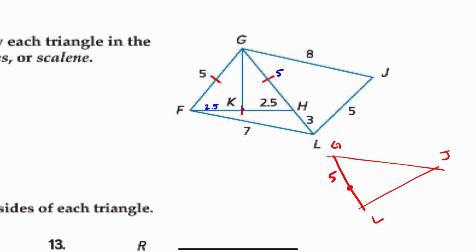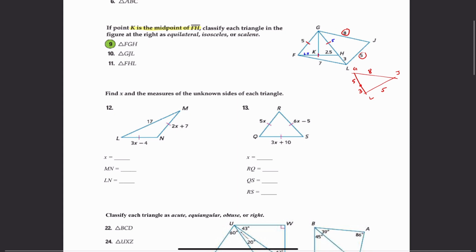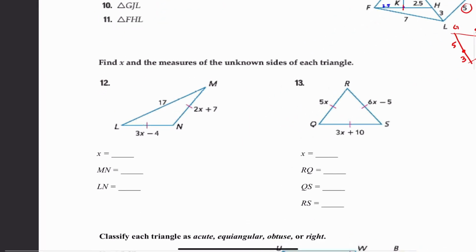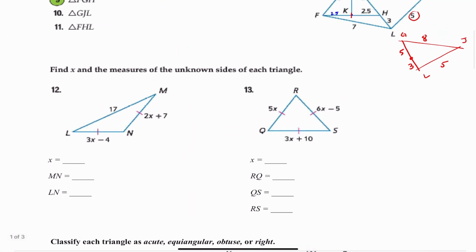And then we can see that this segment here is 3 units long. Don't forget the 8 there, and don't forget the 5 there. So you can go ahead and tell me what type of triangle that is. Okay. Then you can go ahead and figure out what FHL is.